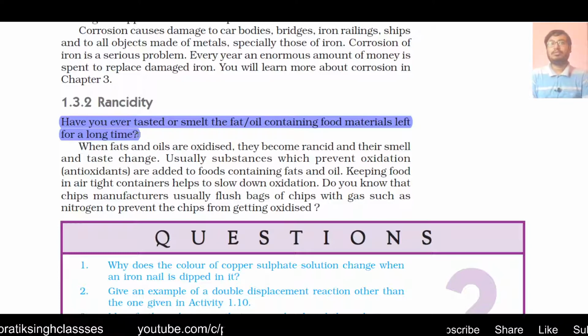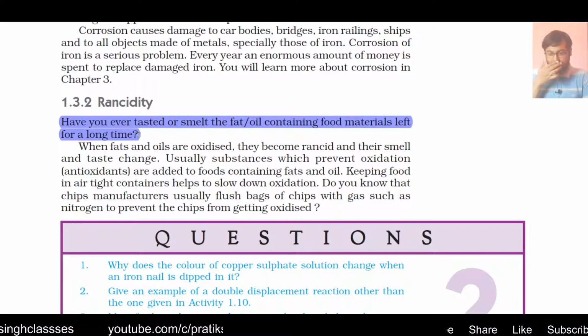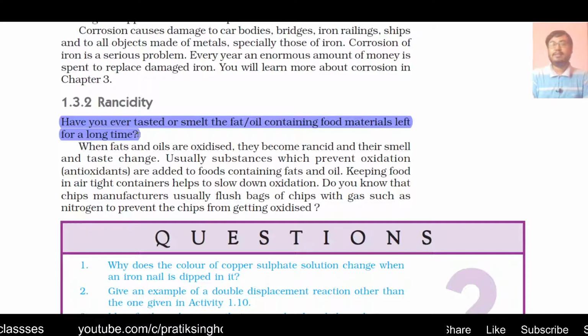Take some cooked vegetable which contains some oil, and keep it in a dark, cool area for at least 3-4 days. After 3-4 days you will see a sponge-like growth has come out over the food particles, and the color has also changed. That gives a very bad smell.